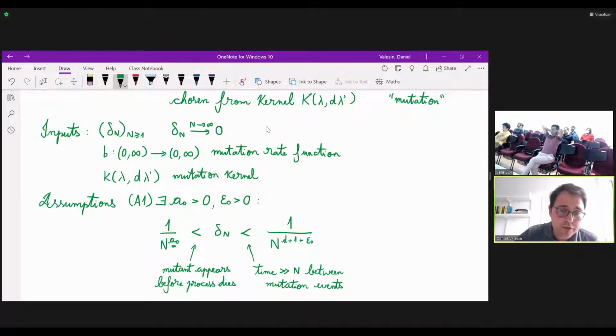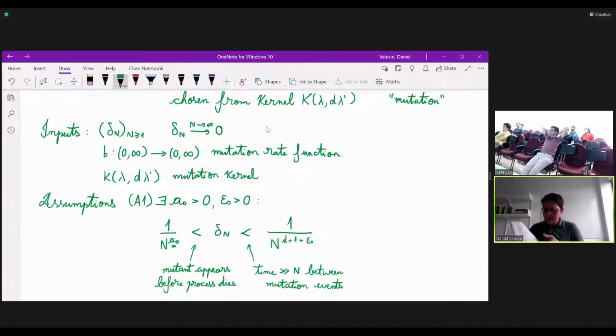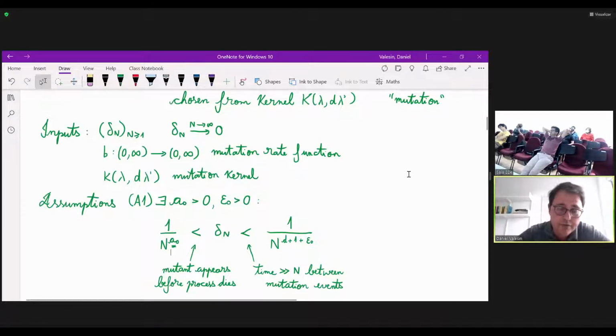And here I'm trying to explain why I want these two things. So the first condition that I'm taking here, the first inequality, it's good.